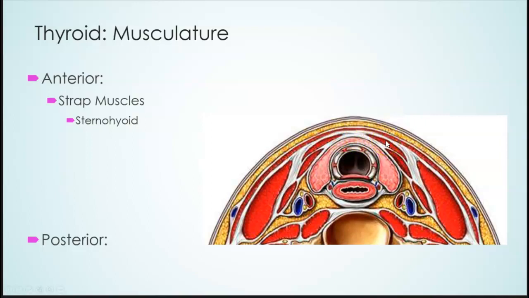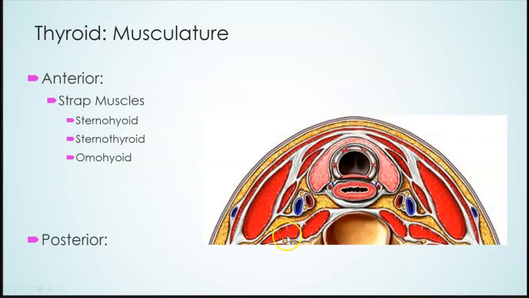They're going to be referred to as the sternohyoid muscles. Just below those, posterior to those, we have the sternothyroid muscles. And then posterior to those and a little more lateral, we have the omohyoid muscles. So those are what are going to comprise our strap muscles.